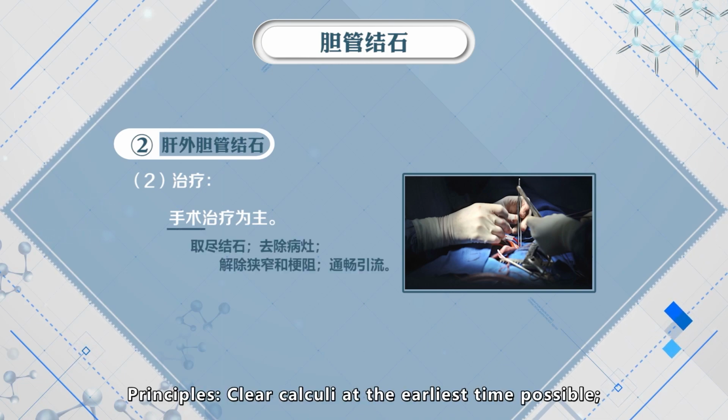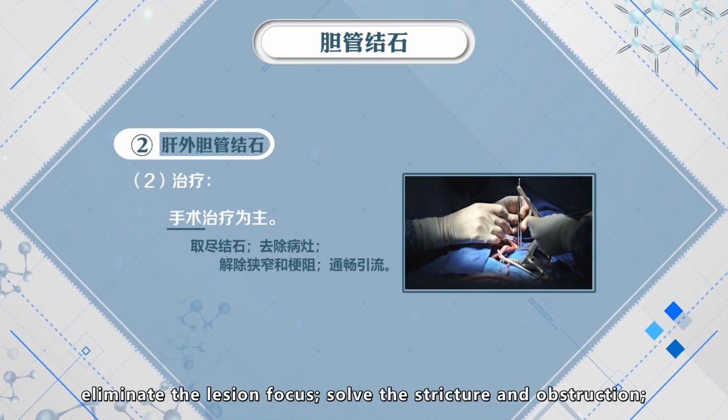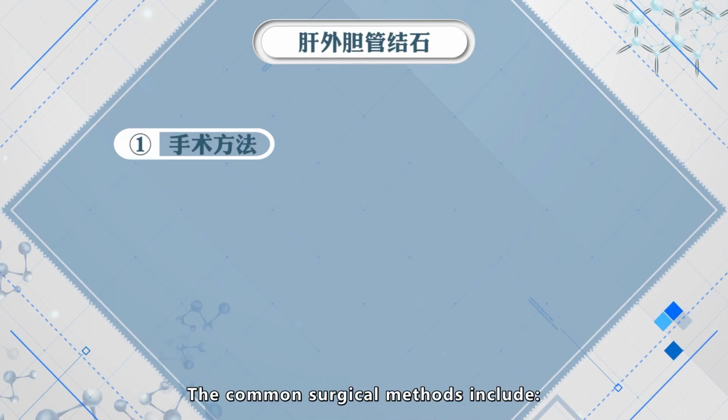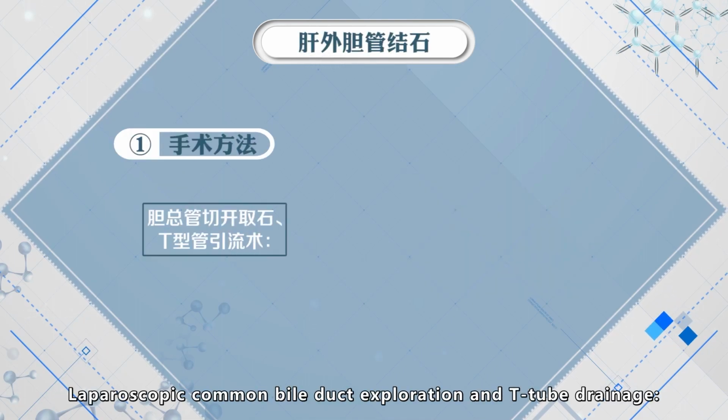Principles: clear calculi at the earliest time possible, eliminate the lesion focus, solve the stricture and obstruction, clear and drain the ducts. The common surgical methods include laparoscopic common bile duct exploration and T-tube drainage.